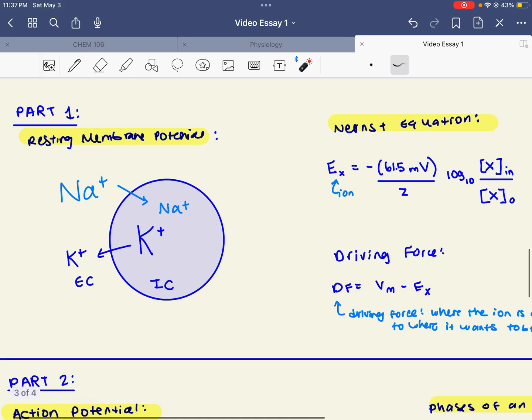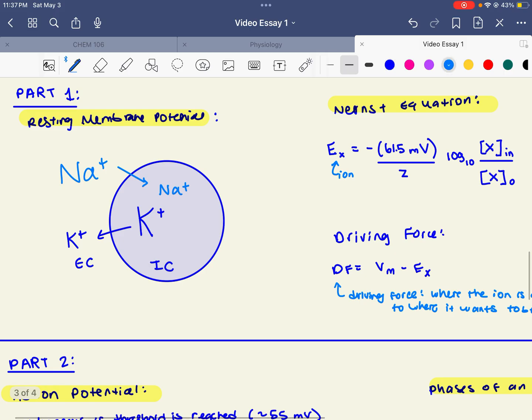What causes this? Resting membrane potential is caused by three main things: the sodium-potassium pump, the potassium leak channels, and selective permeability.